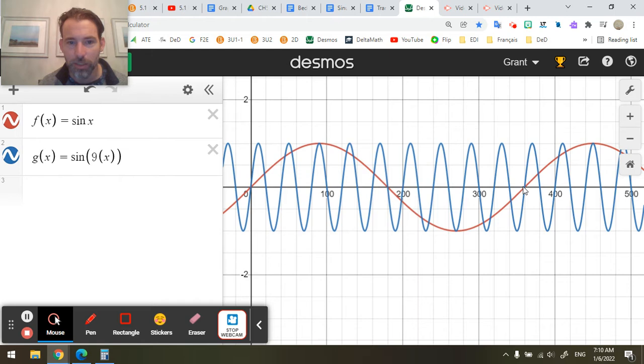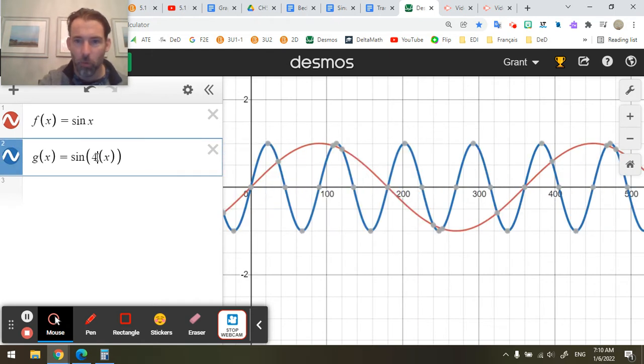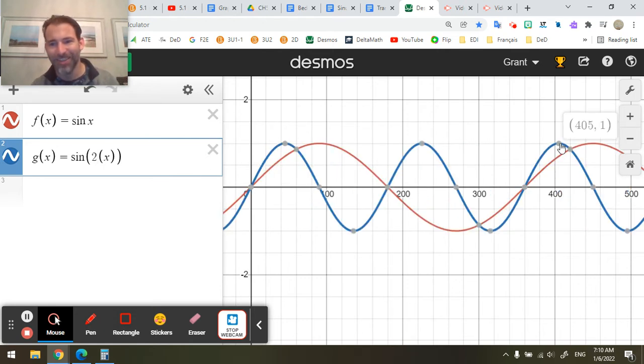That point there is 360 degrees. Right now we have a 9 there. Let's put in a 4. Okay. Let's put in a 2. Okay. So within 360 degrees, here we see 1, 2 full cycles of this function within 360 degrees. The value of k shows you how many full cycles you will get within 360.